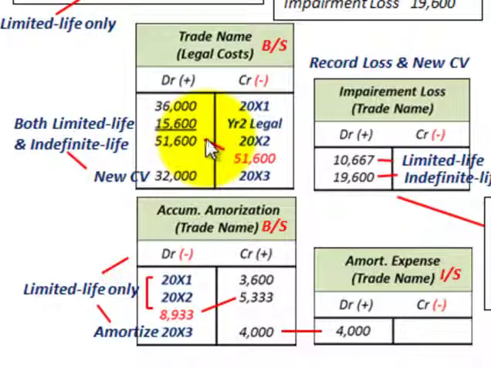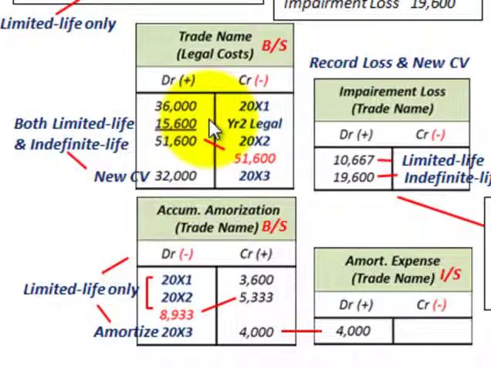Now, let's first talk about our new carrying value. With the new carrying value, in both cases, for limited life and indefinite life, we would have debited our trade name, or our capitalized amount for this trade name, at $32,000, the new fair value.